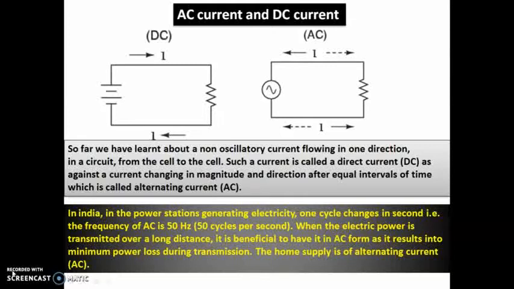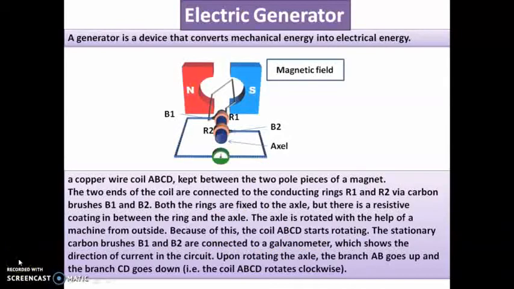Now let's move to the electric generator. Now we will study about the electric generator. In the previous session we studied electromagnetic induction, that is, how electricity is produced by moving a coil in a magnetic field.